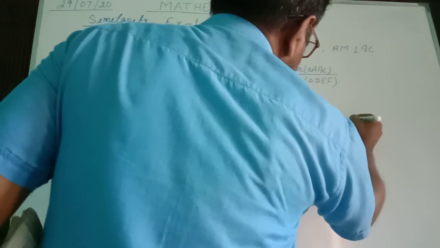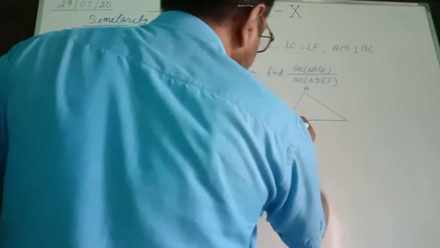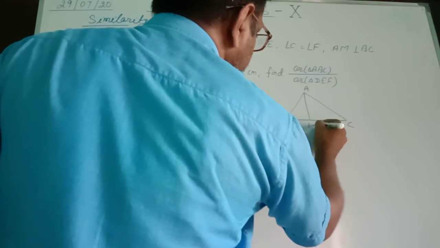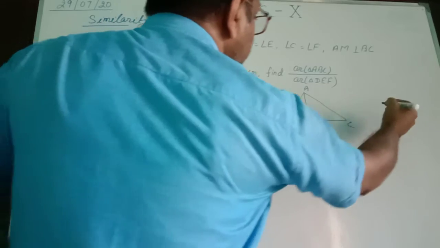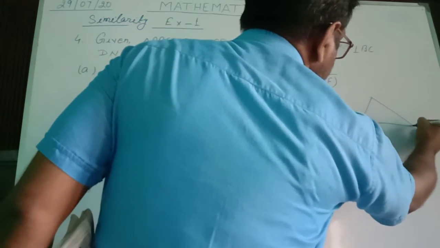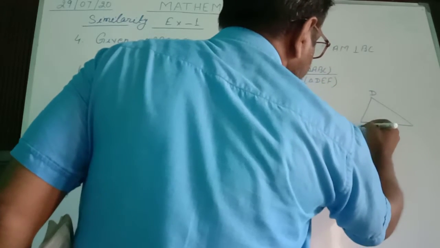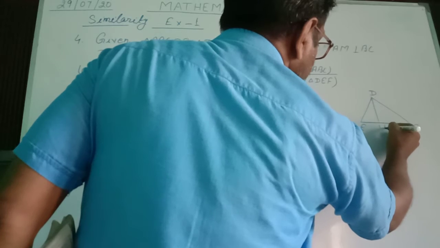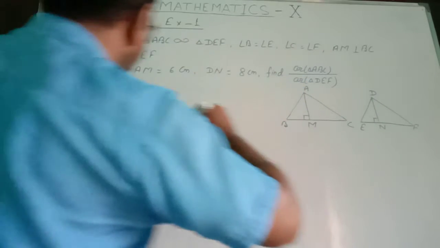Suppose this is ABC, in which AM is perpendicular 90 degree and another is, this is DEF, and in this triangle DN is perpendicular 90 degree.